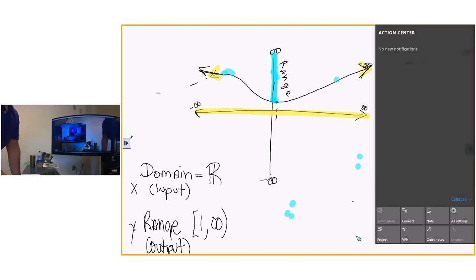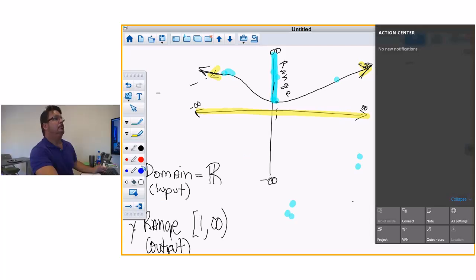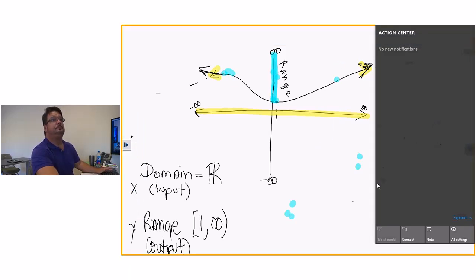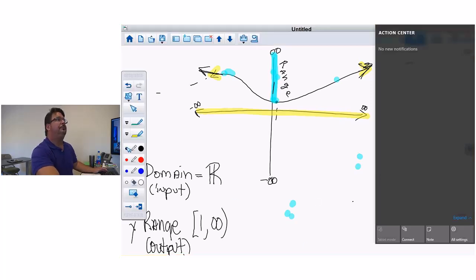Okay, I don't know what this thing is. It's not even on the screen. Okay, well, I don't know what this is, and I wish it would go away, but I don't think I'm going to be able to get rid of it, so I'm just going to have to work with it.